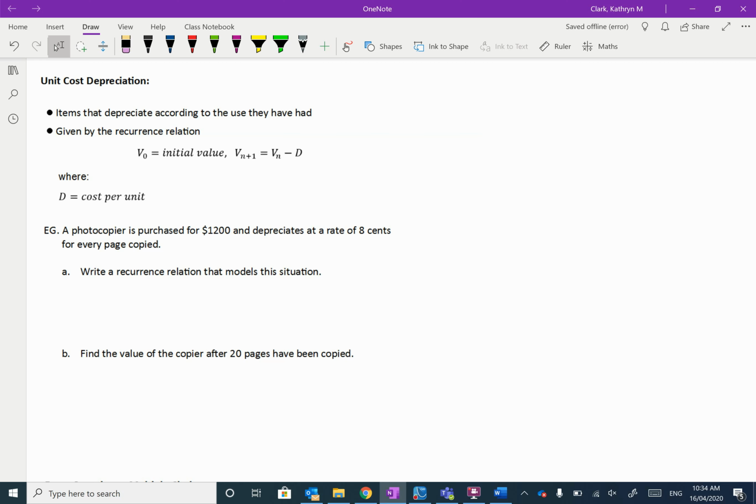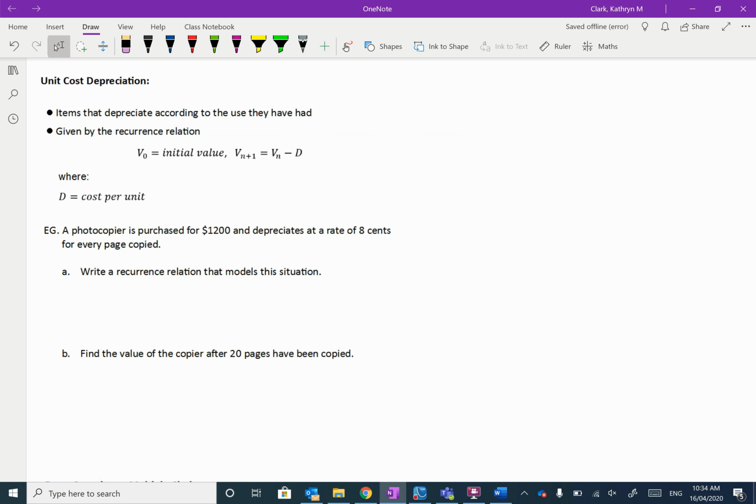So in this equation, the D, rather than representing the fixed amount of depreciation, is going to represent the cost per amount. So if you look at this example, the photocopier is purchased for 1,200 and depreciates at a rate of 8 cents for every page.